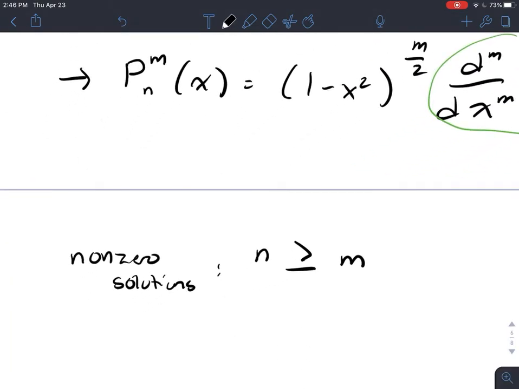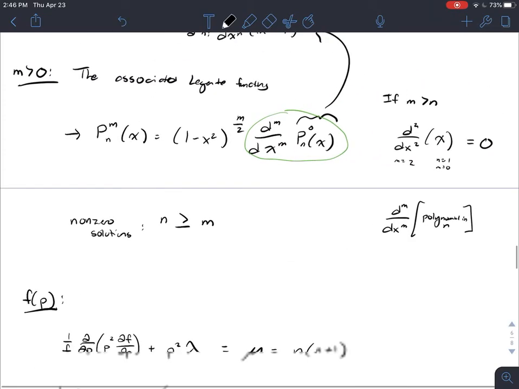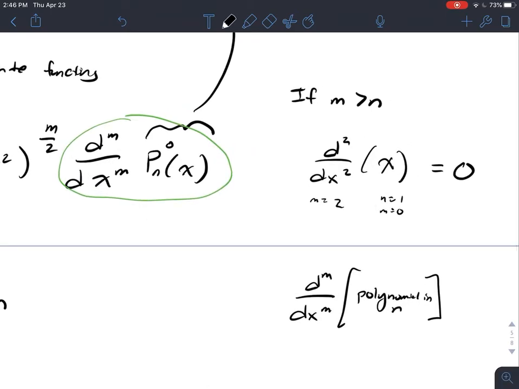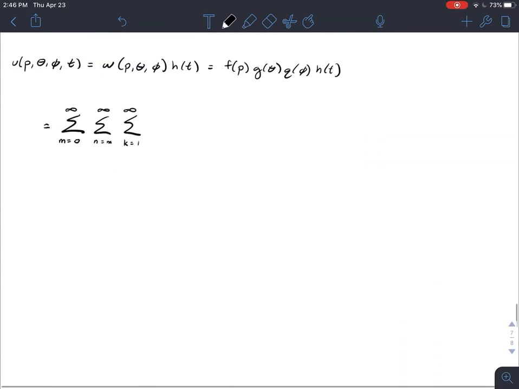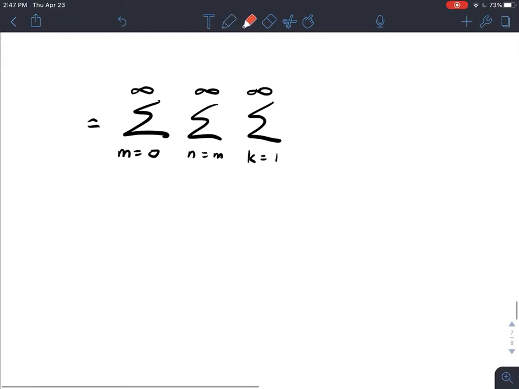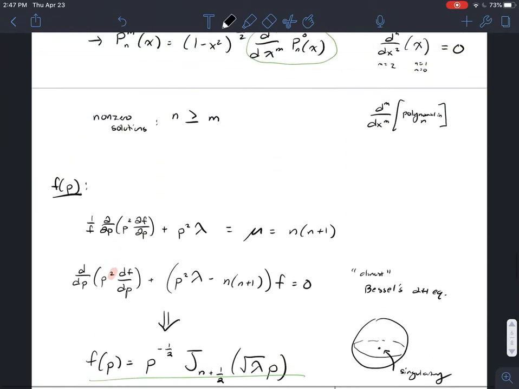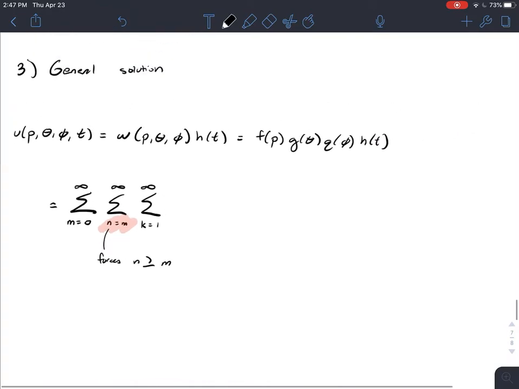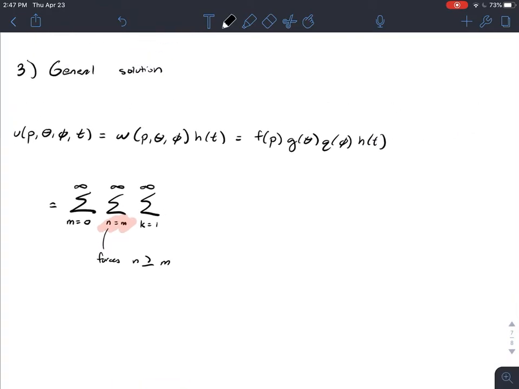For non-zero solutions to arise in our summation, the values for n must be greater than or equal to m. Values where m is greater than n all just become 0, so we don't want to include those in our summation. So this condition forces n to be greater than or equal to m for all the possible values. That's the purpose of instating this condition in the summation.